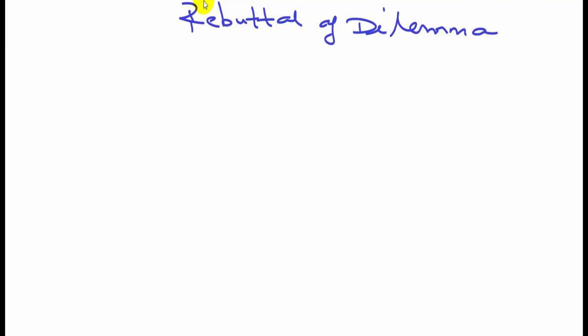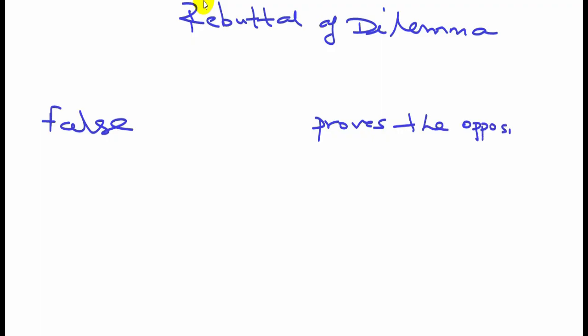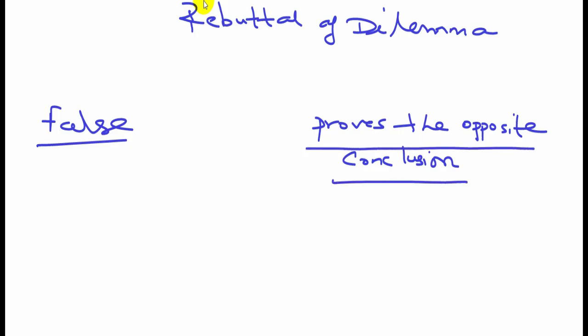So either we prove the argument is false or we prove the opposite conclusion as true.